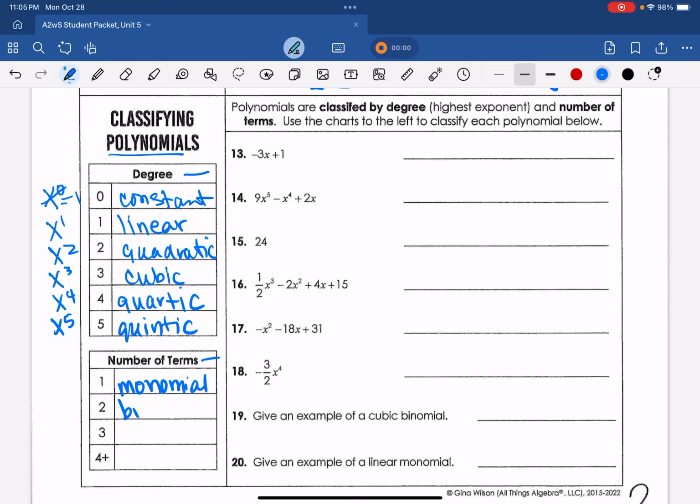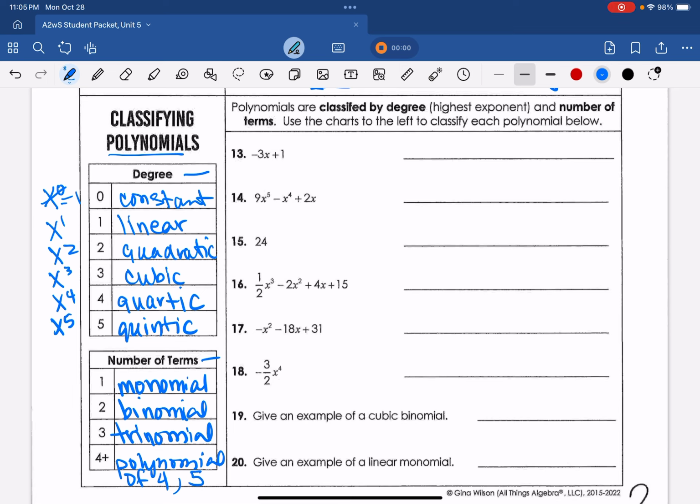If it's 2 terms, it's a binomial, like a bicycle has 2 wheels. And then if it's 3 terms, it's a trinomial. And anytime it's 4 or more, it doesn't have a special name. We just call it a polynomial of however many terms it is. So if it's 4 terms, it's a polynomial of 4 terms. If it's 5 terms, it's a polynomial of 5 terms, etc.